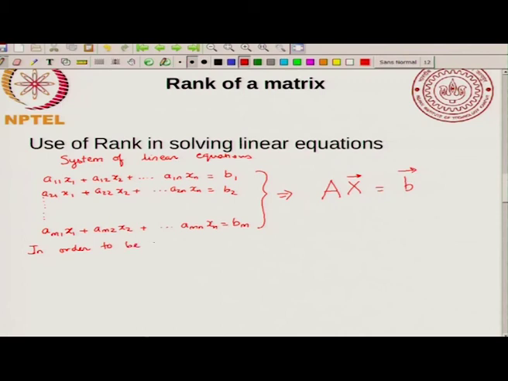Now if you remember, when we were solving linear equations, we said that in order to be able to solve these equations, the equations should be both sufficient and consistent.